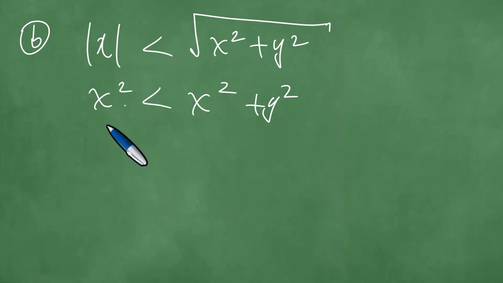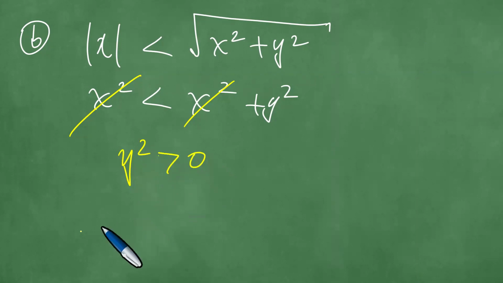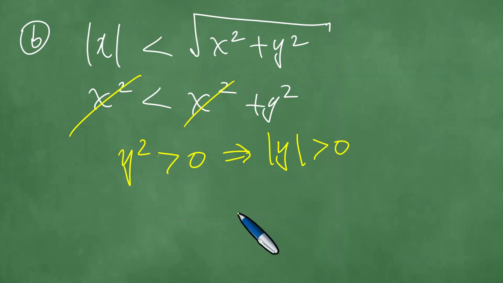You can see that x squared cancels x squared, so that you have y squared bigger than 0. Y squared bigger than 0 means the modulus of y is bigger than 0.